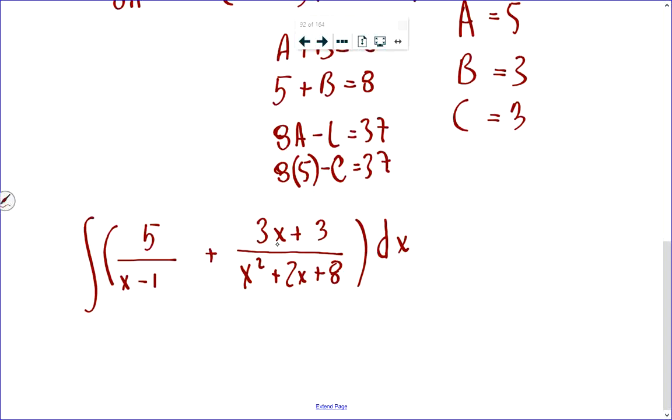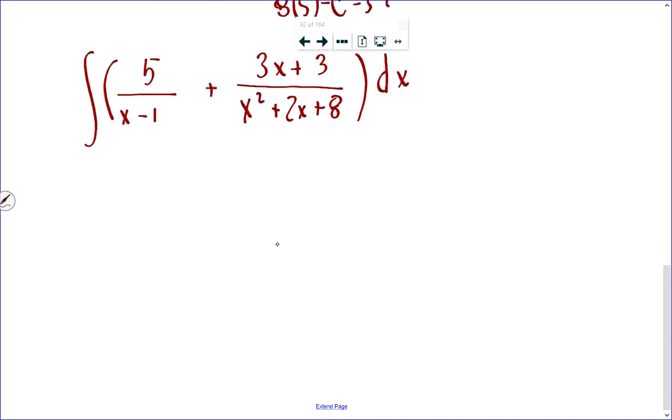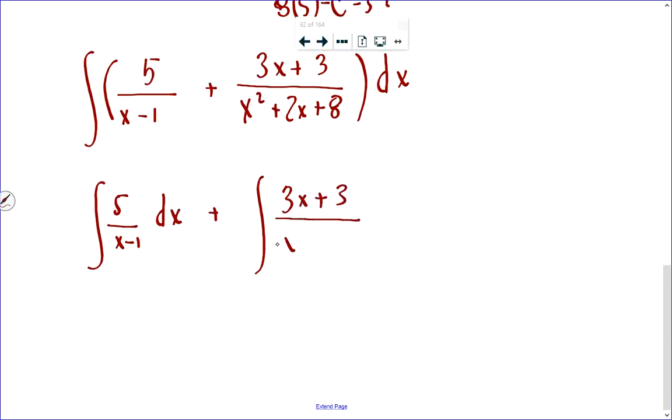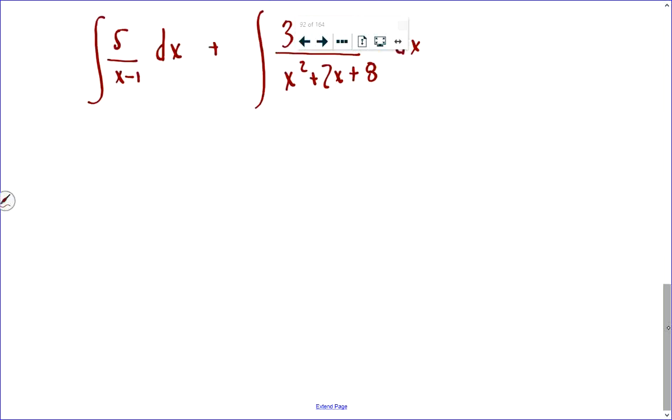So we need to integrate 5 over x minus 1, which is easy. And we need to integrate this, which is easy but not as easy. This will be 5 times the natural logarithm of x minus 1.